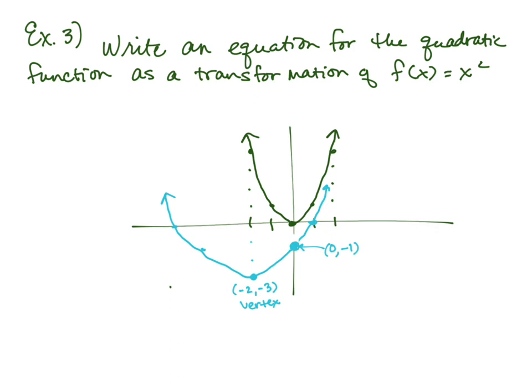That's all. Okay? Because if we use vertex form, it says this: f of x equals a times x minus h squared plus k. And my vertex is located at the point h, k.